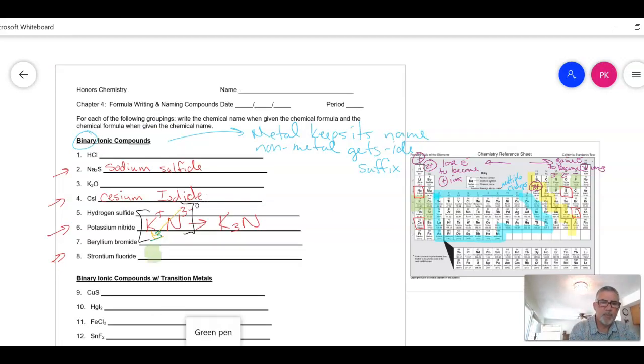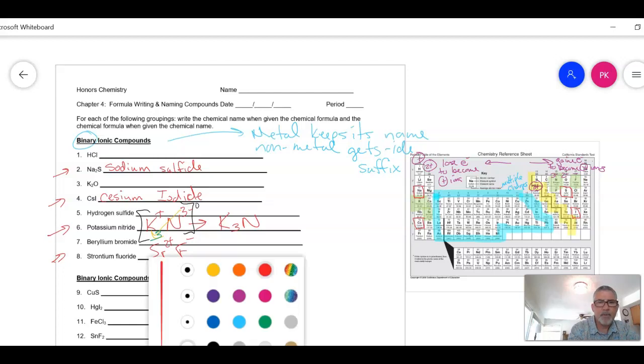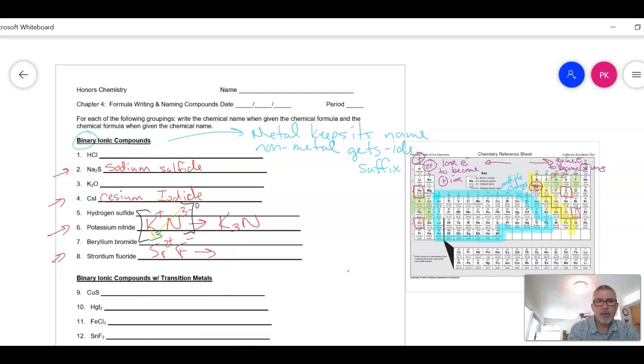Since strontium's in that second column, it'll have a 2 positive charge, and fluoride will just have a 1 negative charge. Same thing, I want to crisscross them, and I'll end up with SrF2, because I brought that 2 from strontium down to the fluorine. Pretty easy.